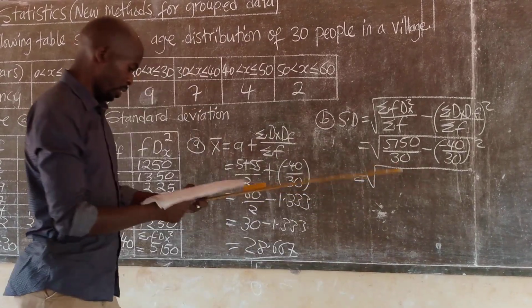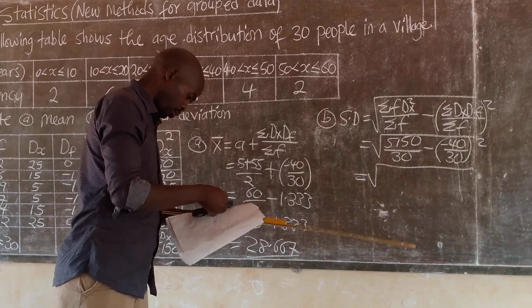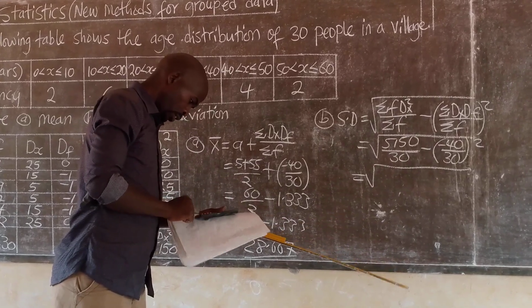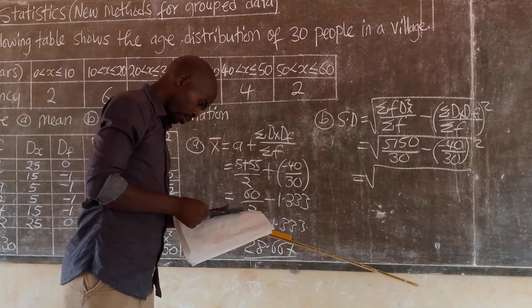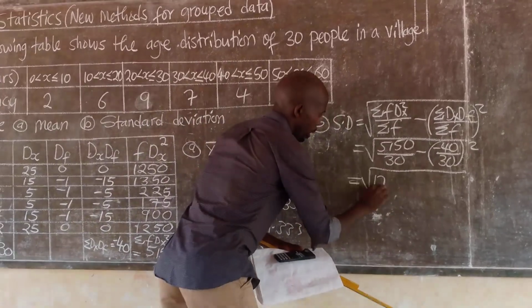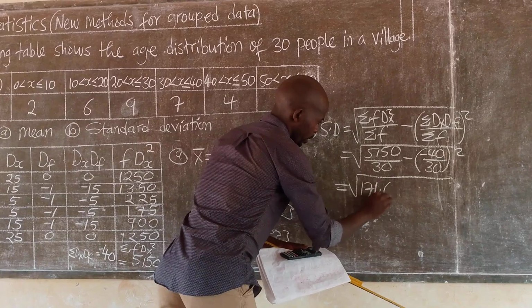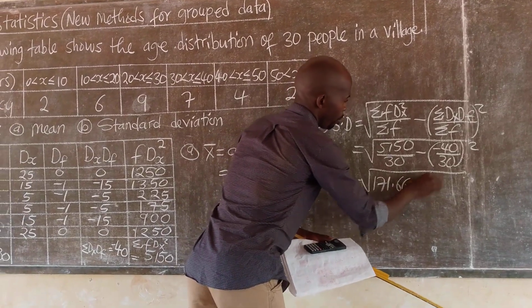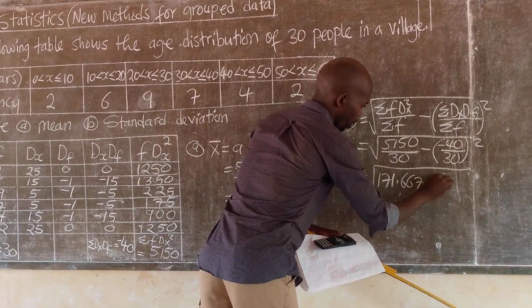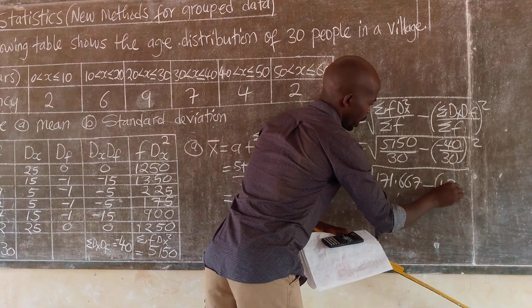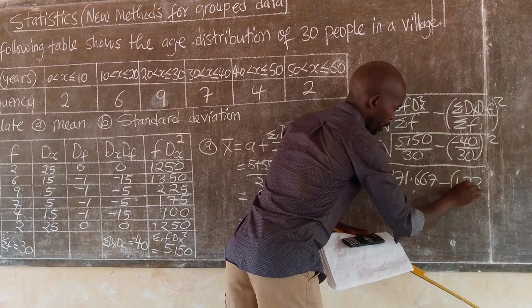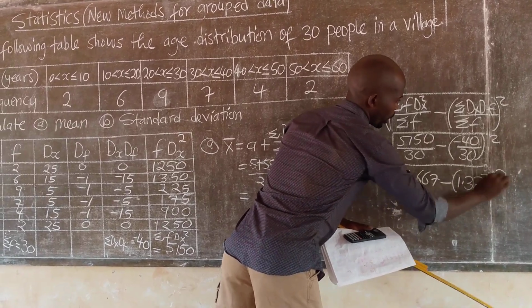So this gives us 5150 divided by 30, 171.667, minus this divided by that, we have that as 1.333 squared.